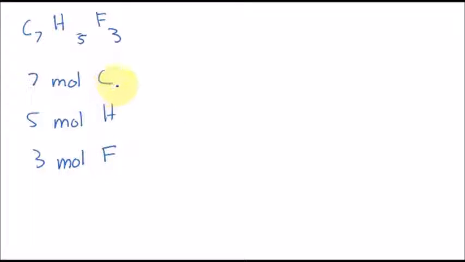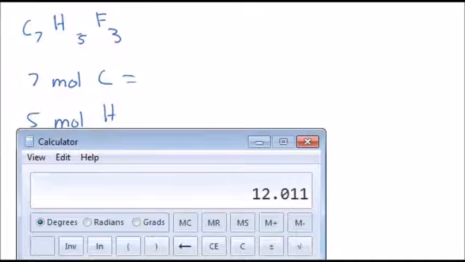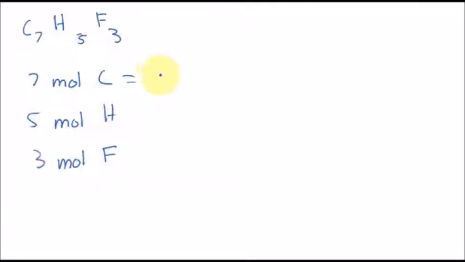So the molar mass of carbon, or the average atomic mass of carbon, is 12.011. So 1 mole of carbon is going to have a mass of 12.011 grams, and therefore 7 moles of carbon is going to be 12.011 times 7, and that's 84.077 grams. So 1 mole of hydrogen is going to have a mass of 1.008 grams.